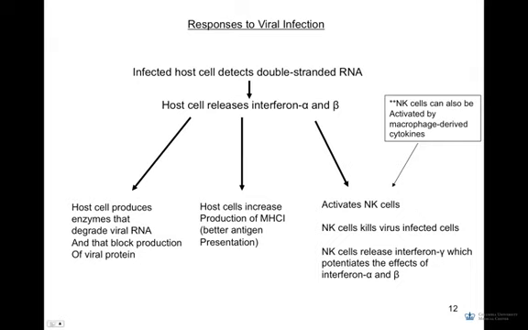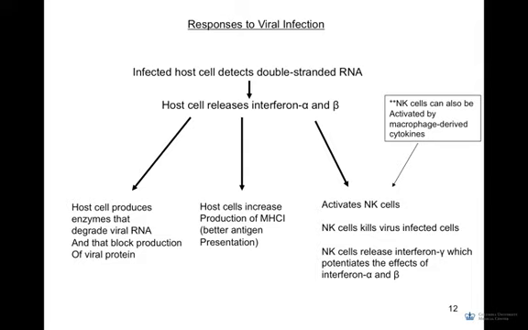And then finally, interferon alpha and beta are also going to attract and activate natural killer cells. If you remember, these natural killer cells, also called natural killer lymphocytes, are one of the three major types of lymphocytes, and they are part of our innate immune system, and they are very important in fighting viral infections.